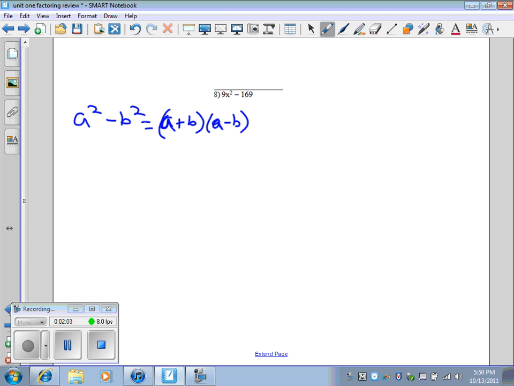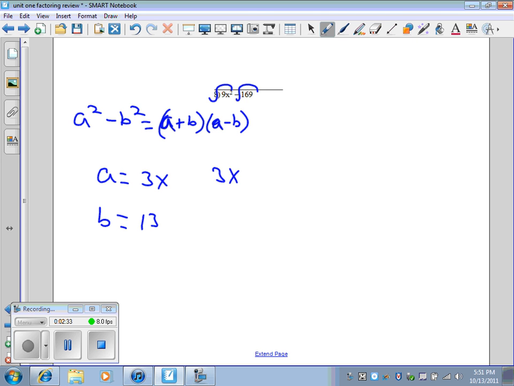I need something to the second power that gives me 9x squared. So a is equal to 3x, and one easy way to find it is to take the square root of 9x squared, and that gives me 3x, and b is equal to 13, since the square root of 169 gives me 13.